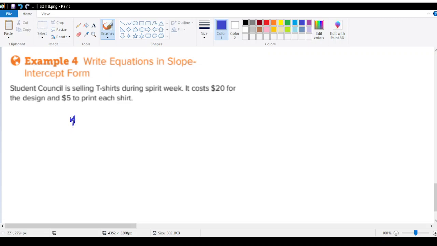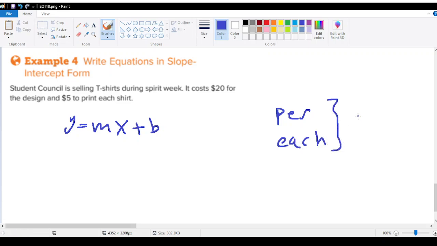So I will write y equals mx plus b. When you read the question, wherever you read the word per or each, that means that you are talking about the slope or m. So what is the value of m here?